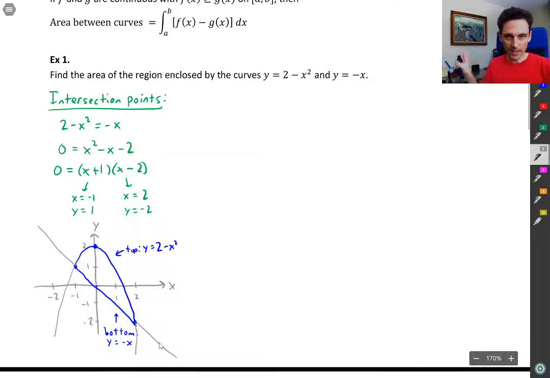And so we're not really counting those areas. We're only counting the area that's pinched off by these intersection points. So I'm actually going to erase these other curves here. There. And just focus on this area between the curves between x equals -1 and x equals 2. So that looks like our interval that we're interested in.